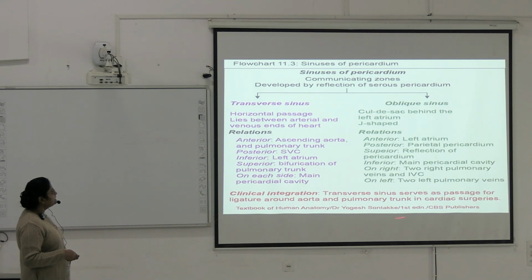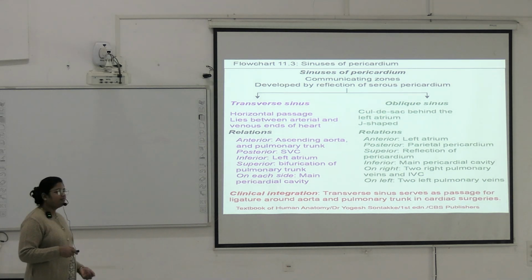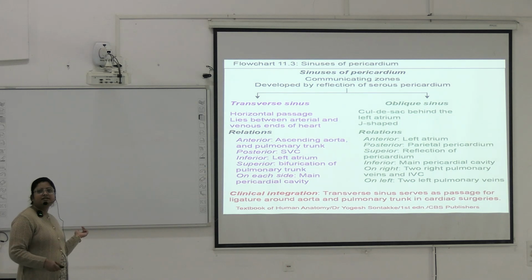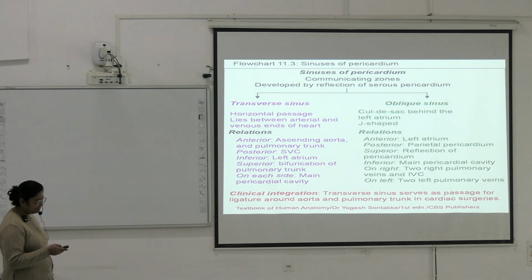This is the clinical aspect of the transverse sinus. It serves as a passage for ligature around the aorta and pulmonary trunk in cardiac surgeries, to prevent blood loss. The aorta and pulmonary trunk are ligated through passage of the ligature through this transverse sinus.